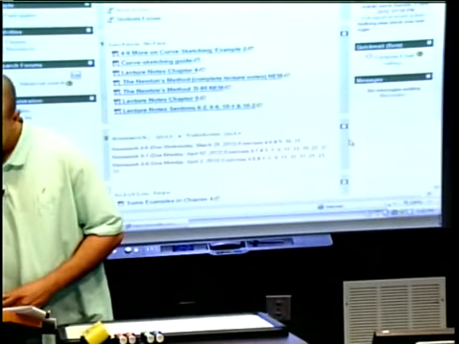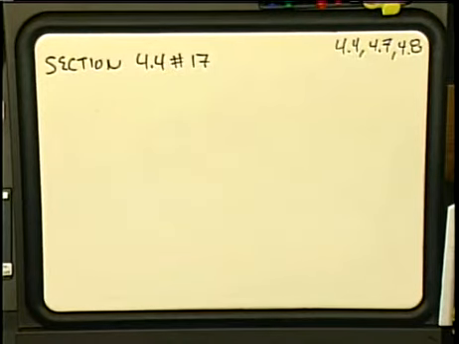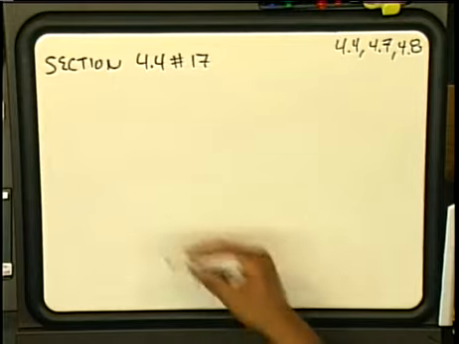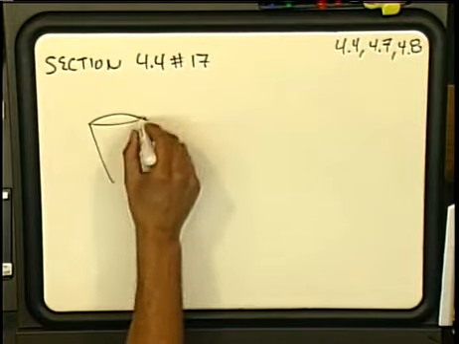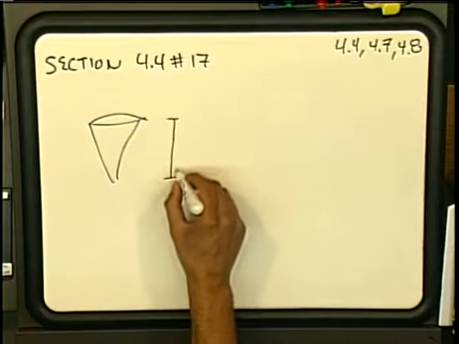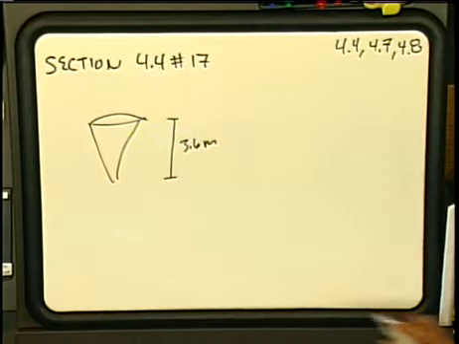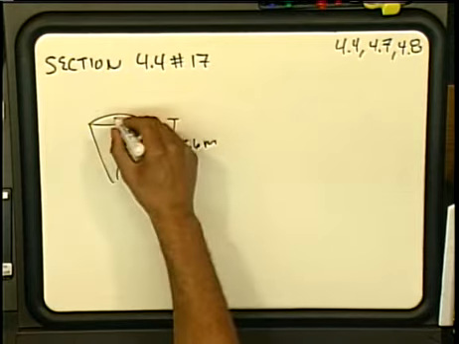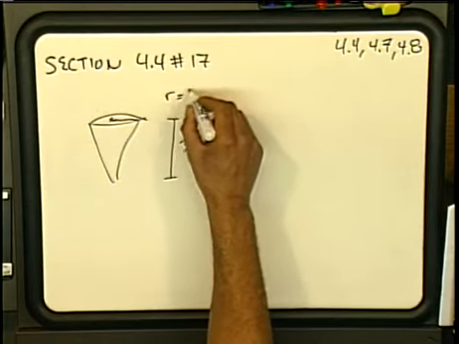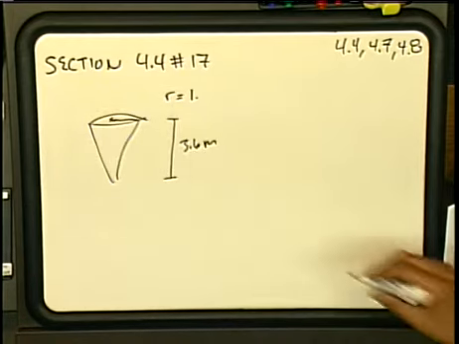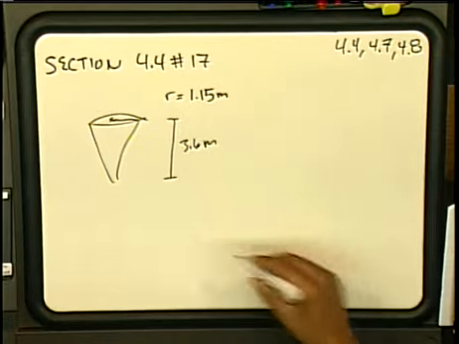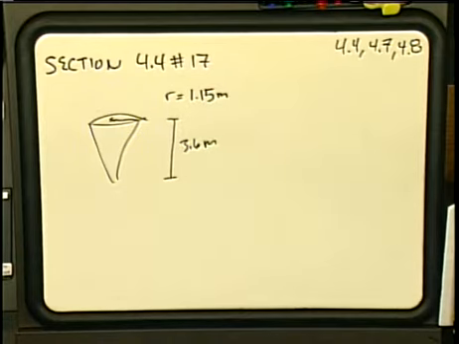Number 17. The problem reads: a tank in the shape of an inverted cone has a height of 3.6 meters. I'm drawing my cone, and it has a height of 3.6 meters and a radius at the top of 1.15 meters. Water is flowing into the tank at a rate of 0.5 meters cubed a minute.